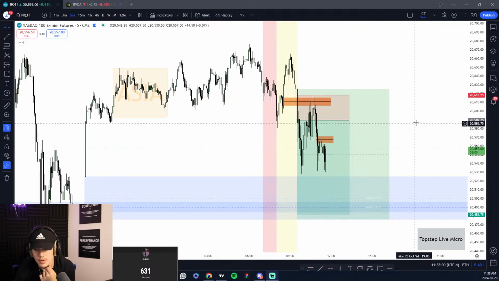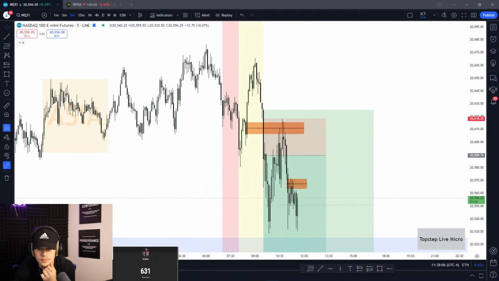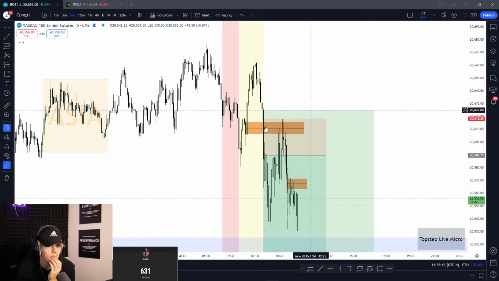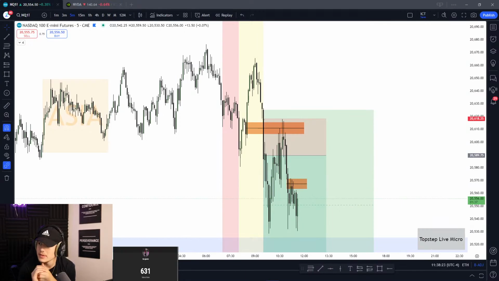But I do not want to wait in this again. I would rather just go for another trade. Honestly, we should have been stopped out already, but from all the way up here. But we shouldn't break that high if we're gonna go down to the opening range gap low. All right.